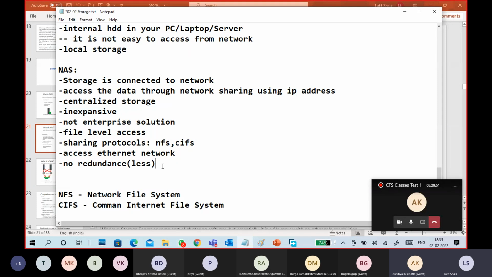What is redundancy? If my machine is down, no problem, another machine will give you the data. For example, we access a lot of data from the internet, right? From Google, you are sending and receiving a lot of data.